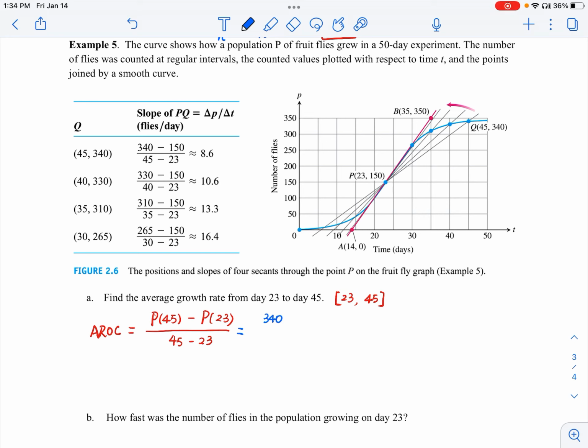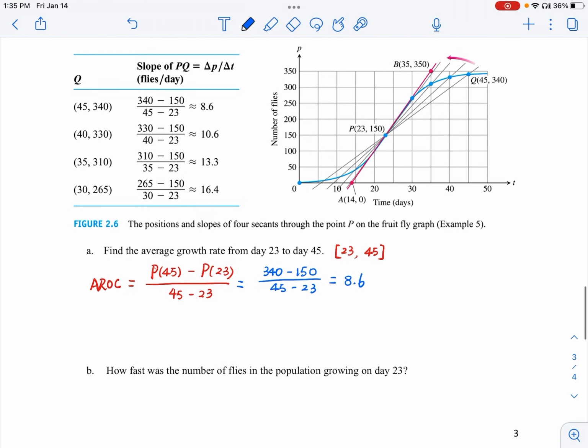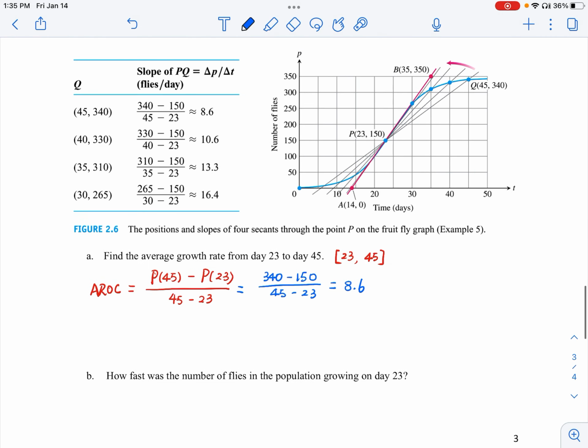And when X equals 23, the Y value is 150. So we subtract 340 minus 150, divided by 45 minus 23. We can see the chart already gives us the answer. It's 8.6. So that means it grows 8.6 flies a day. That's part A.